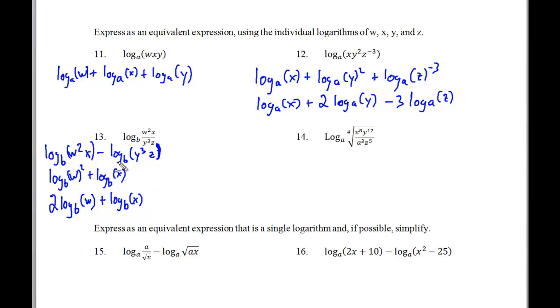Now here's where you're going to probably make a mistake. When I start to subtract these two values here, you'll notice that I have to break this up. So you're just going to use your product rule here: log base b of y cubed plus log base b of z.